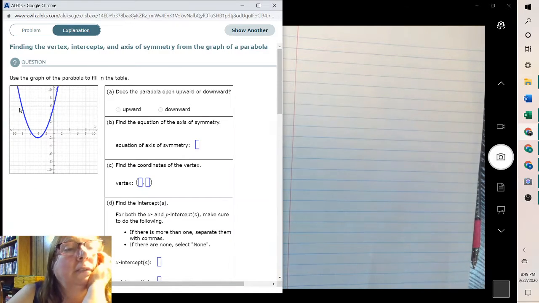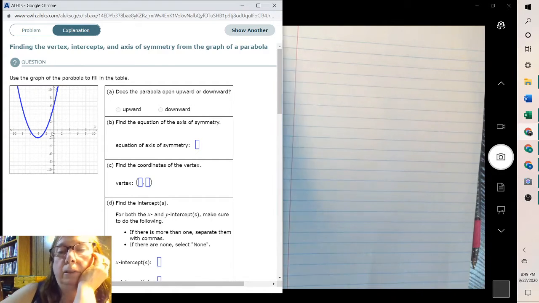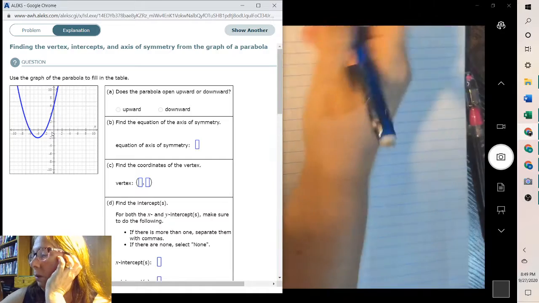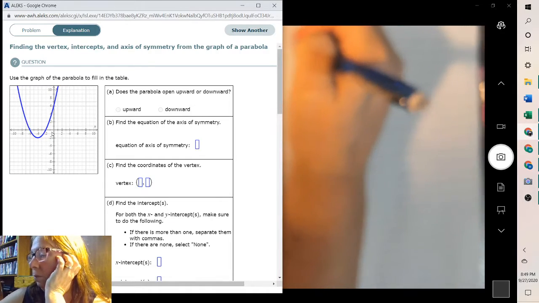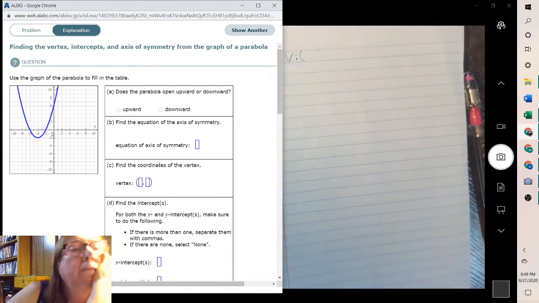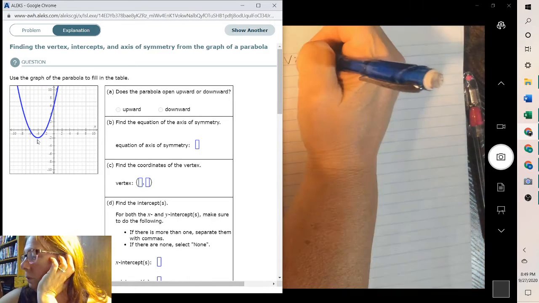Okay, so this parabola is going up. Equation of symmetry. Find your vertex first. Notice the vertex is -4, -2.